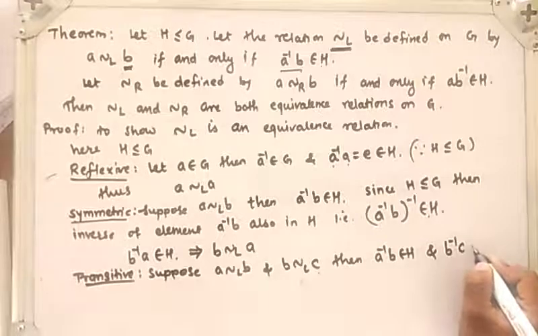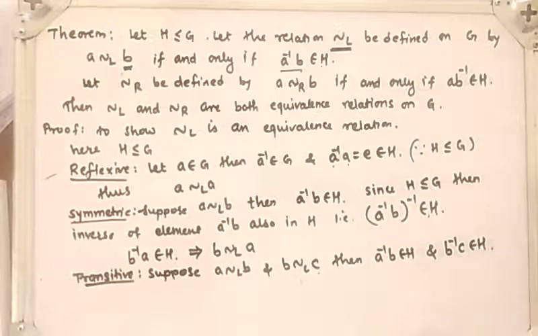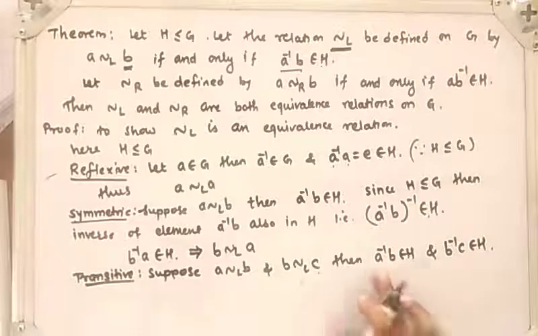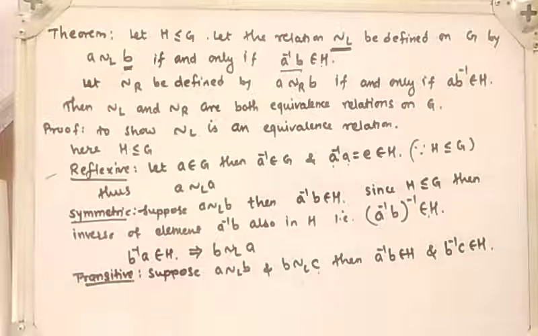B inverse C also belongs to H, and H forms a subgroup, which means the product of these two elements also belongs to H. This is the closure property.